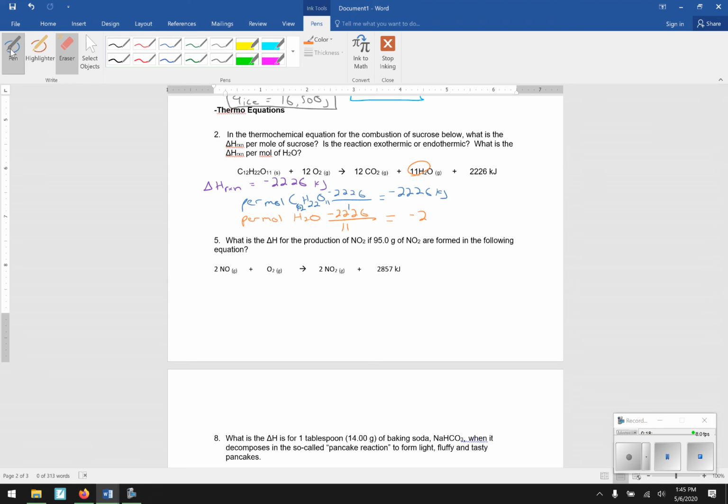So negative 202.3 kilojoules. So for every mole of water that's made, you're going to get 202.3 kilojoules of heat. So all you're doing is taking the overall heat of the reaction and dividing it by the number of moles in the balanced equation. Of course, all these equations have to be balanced. Thermochemical equations are written for the balanced equation.